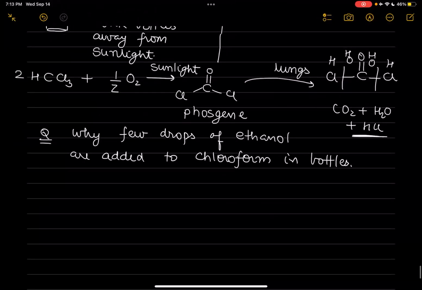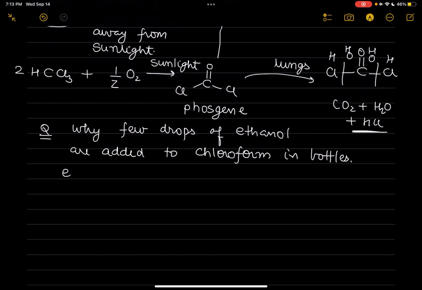Actually, ethanol acts like a negative catalyst. A negative catalyst is something which stops a reaction. So ethanol prevents the formation of which poisonous gas? Phosgene.